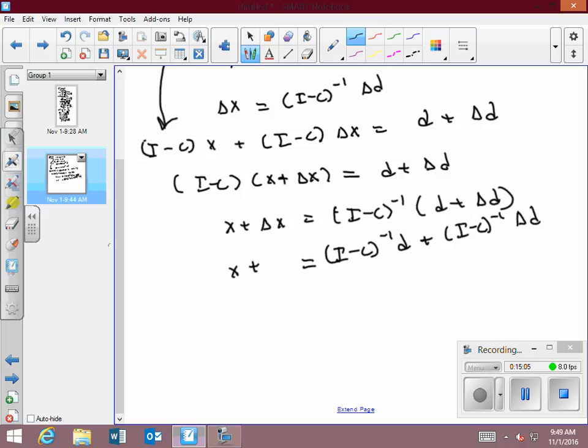So that should show that when you're adding demand delta D, you have to have a delta X added to the supply of goods.